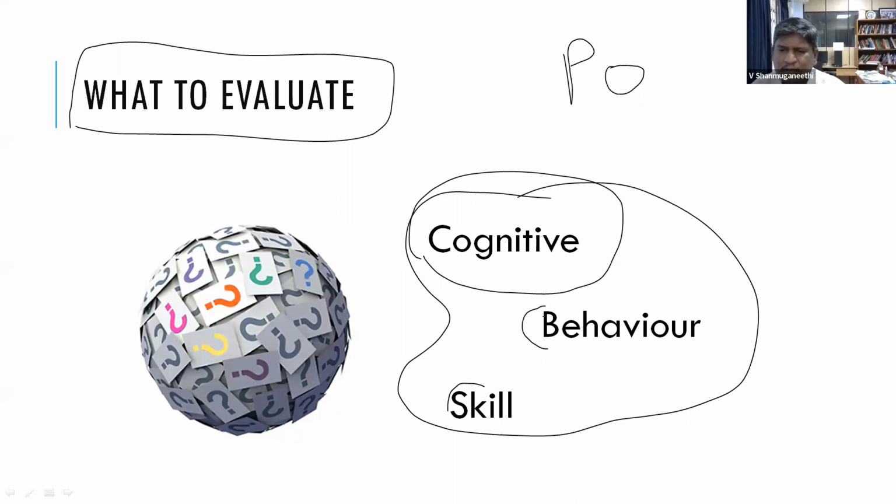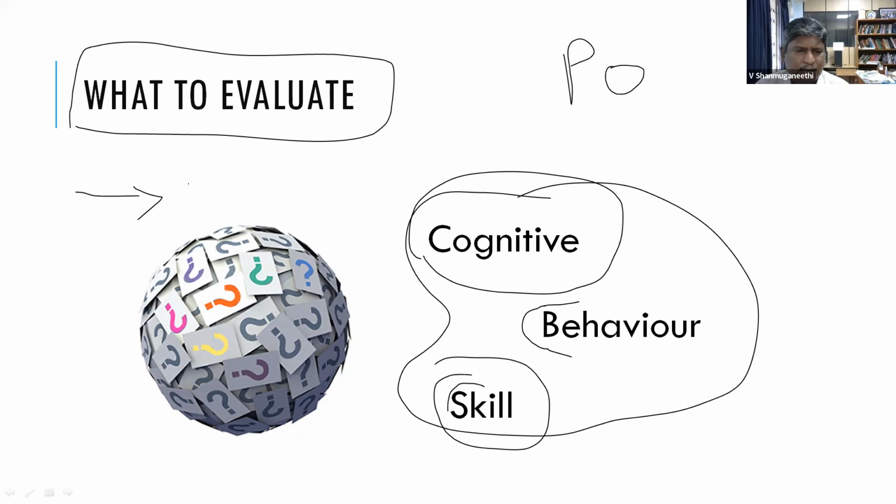So once you go for use of modern technology, the skill is more with modern equipment, cognitive is a little bit less, and attitude also comparatively less. What I wanted to convey here is that each PO is a combination of all three, but not exactly in the same percentage.